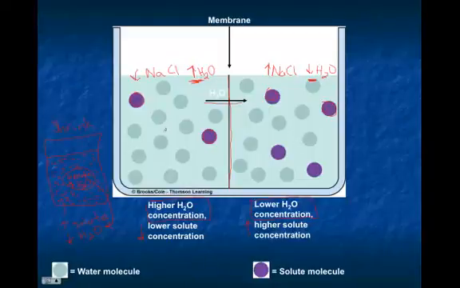Now, water molecules are actually always in motion. They're always moving, as are all molecules, according to what we call random molecular movements. So molecules are always bouncing around a little bit, and that's what allows these molecules to move from one side to the other.